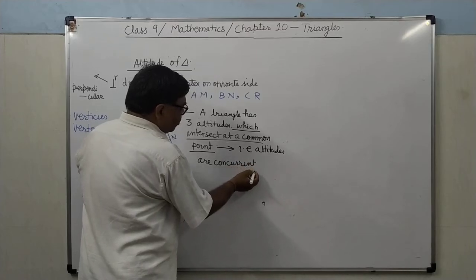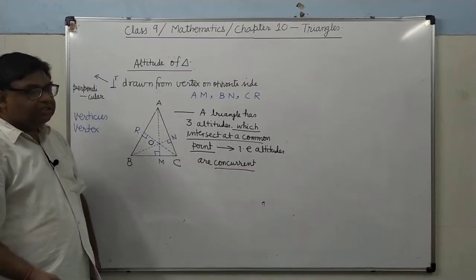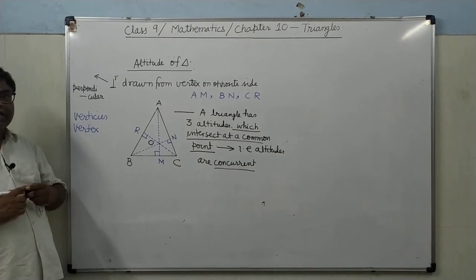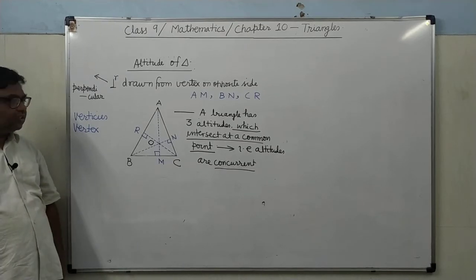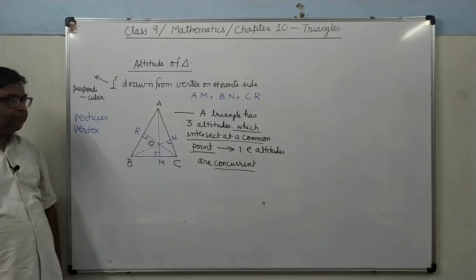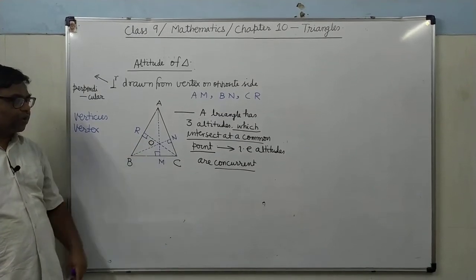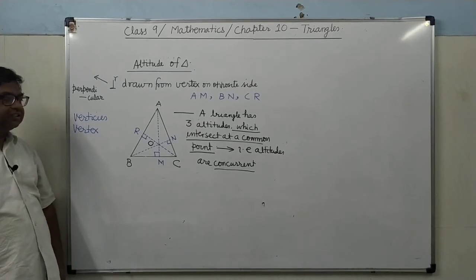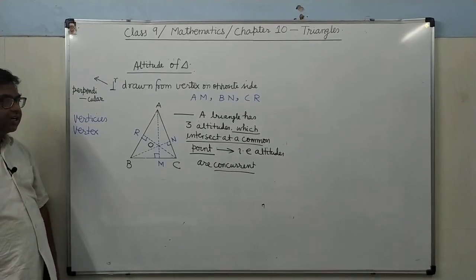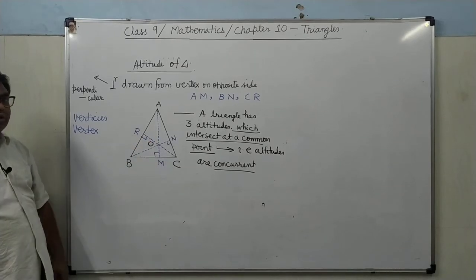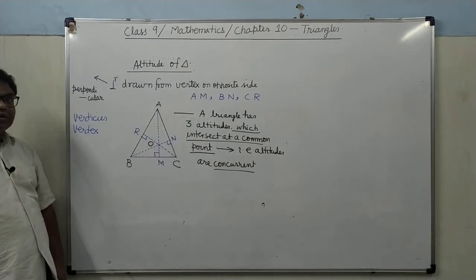What is the meaning of concurrent? It means the lines are passing through a common point. Three or more lines which pass through a common point are known as concurrent lines. So all three altitudes are passing through O, therefore these altitudes are concurrent.